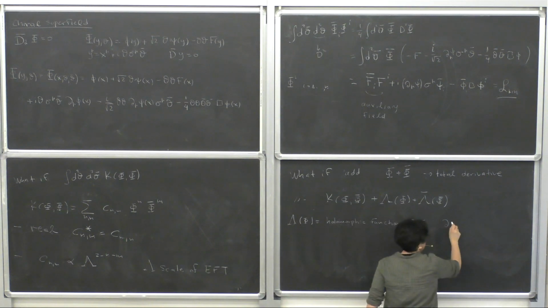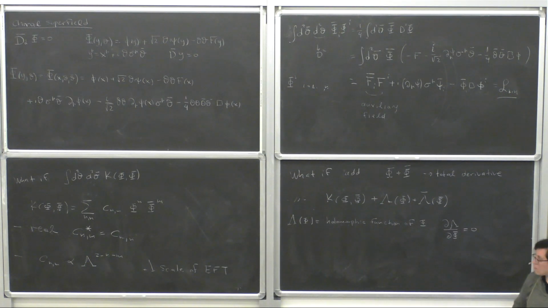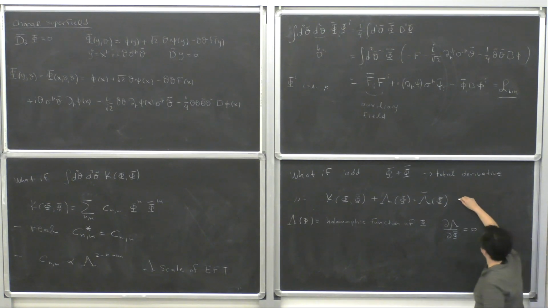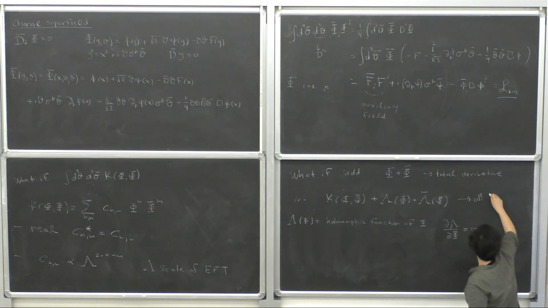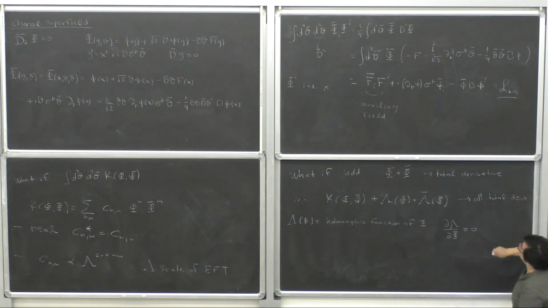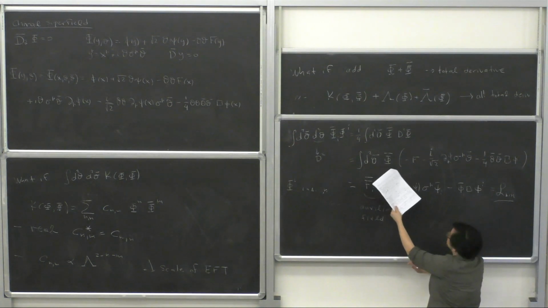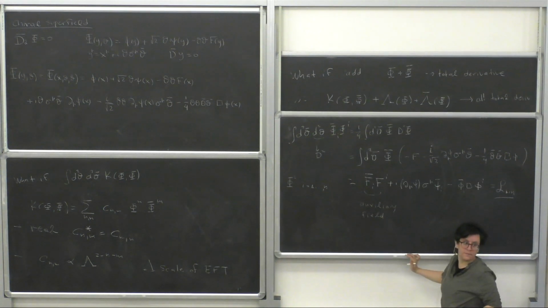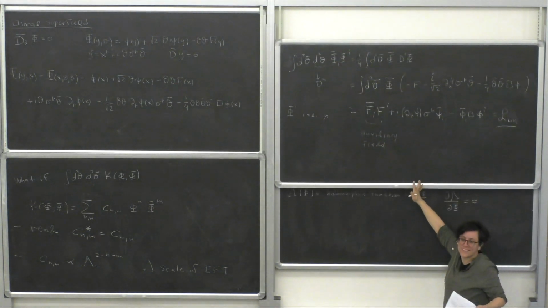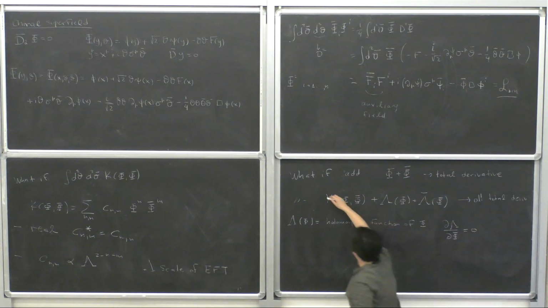Which means d lambda d phi bar is equal to 0. Yes? No phi bar in it. Yes? What happens if I do this? It's the same. This is all total derivatives. And to see this really with your eyes, you can just kill this with your hand and put this many times. There is nothing you can do, only total derivatives. Yes? So this is serious.